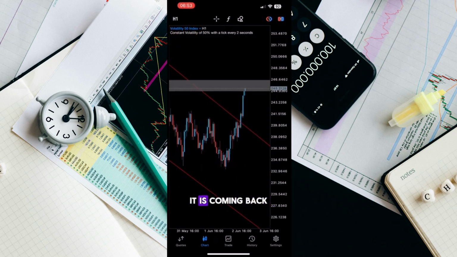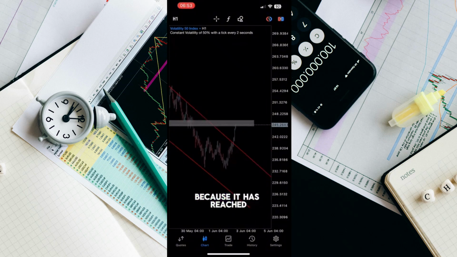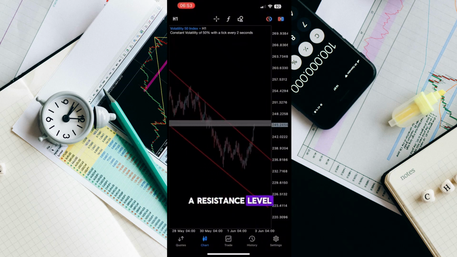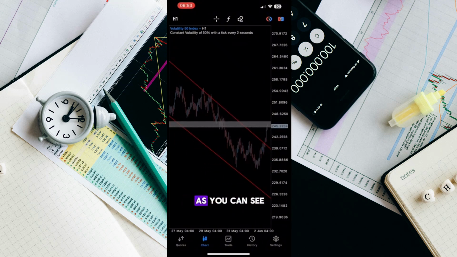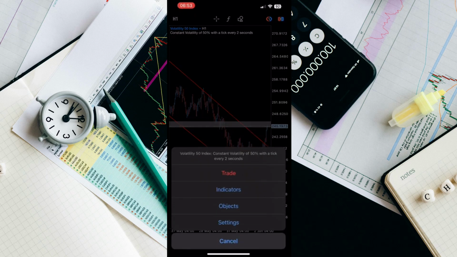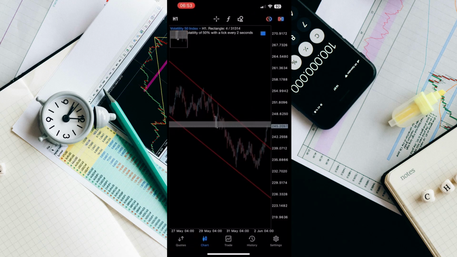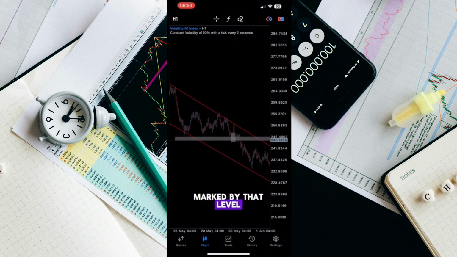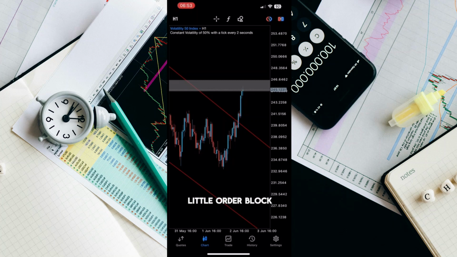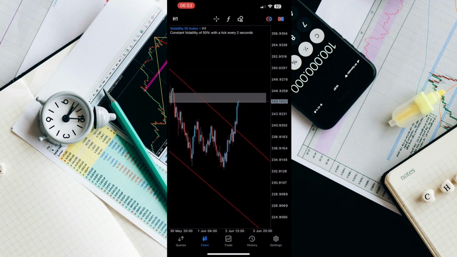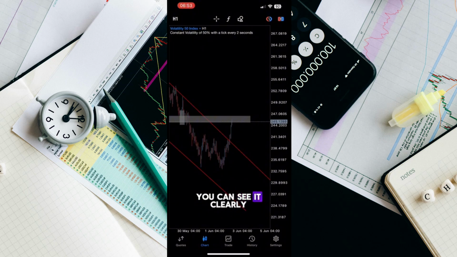However, at this one, it is coming back for a retest because it has reached a resistance level that is very major, as you can see from that left side. So the resistance is marked by that level where I'm putting that little order block.